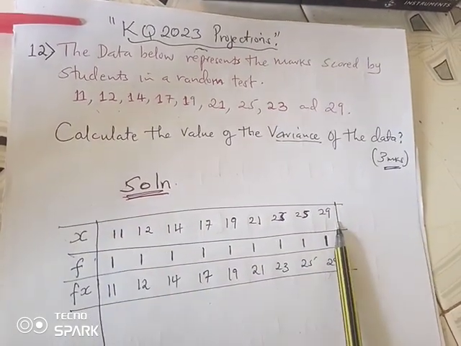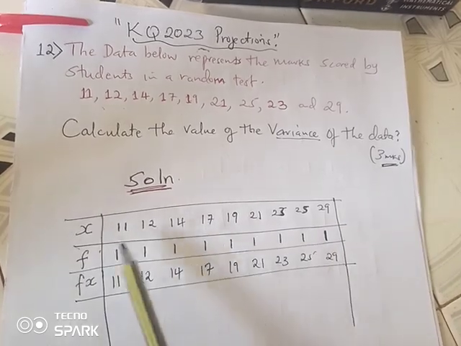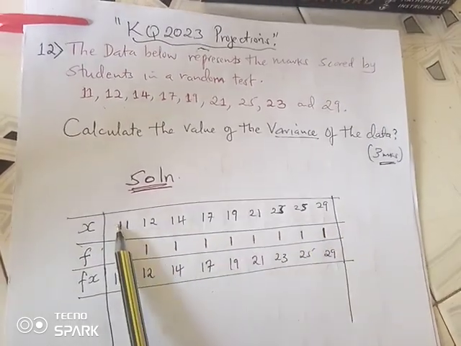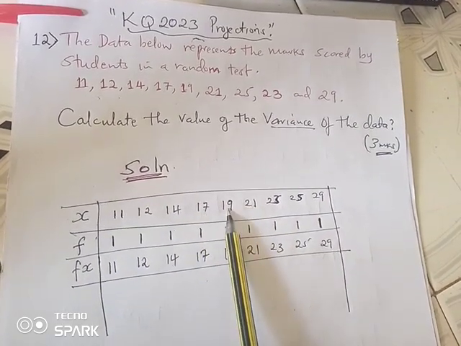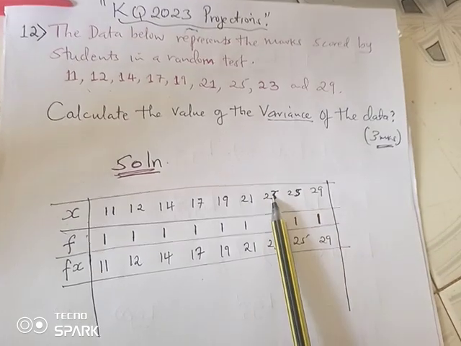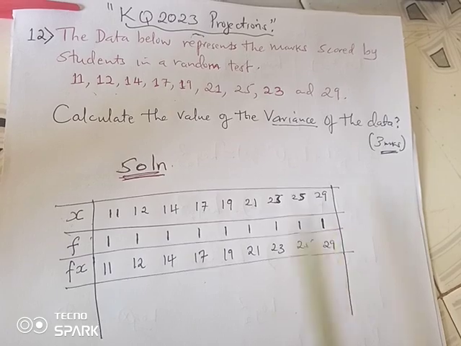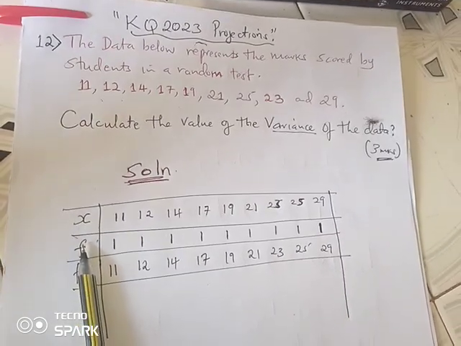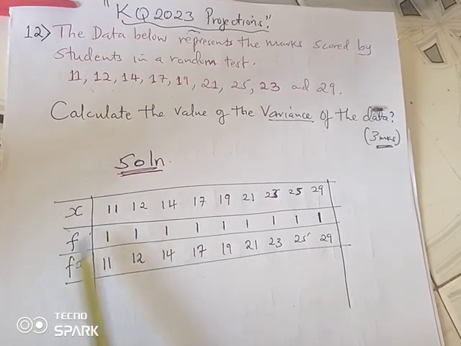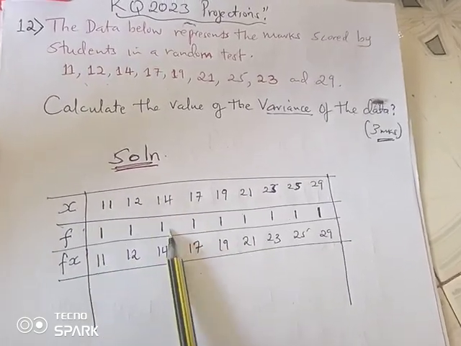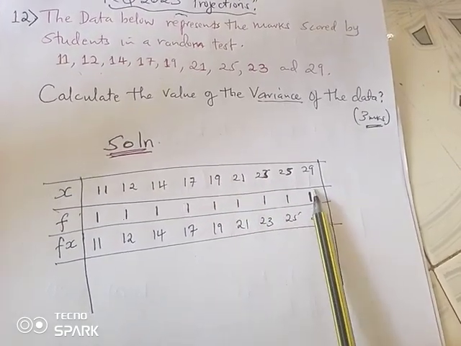I'll arrange them in ascending order, from small to big: 11, 12, 14, 17, 19, 21, 23, 25, and 29. Then of course F, the frequency, how many 11s, how many of this data do we have? So 11 is only 1, 12 is 1, 14 is 1, 17 is 1, 19 also 1, all the way to 29.